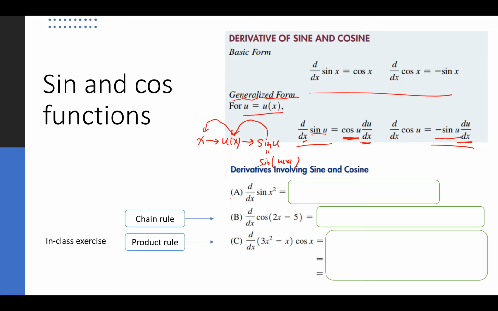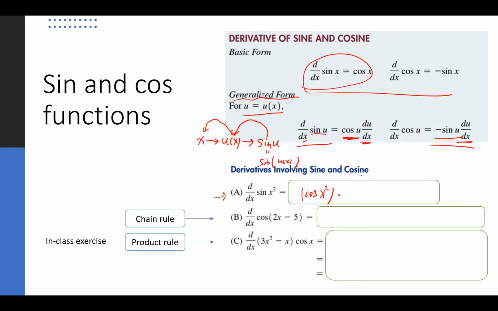Let's look at some exercises. The first one, now we have the function here. The first part is going to be cosine of x squared because of this rule, so sine of x becomes cosine of x in terms of the derivative.